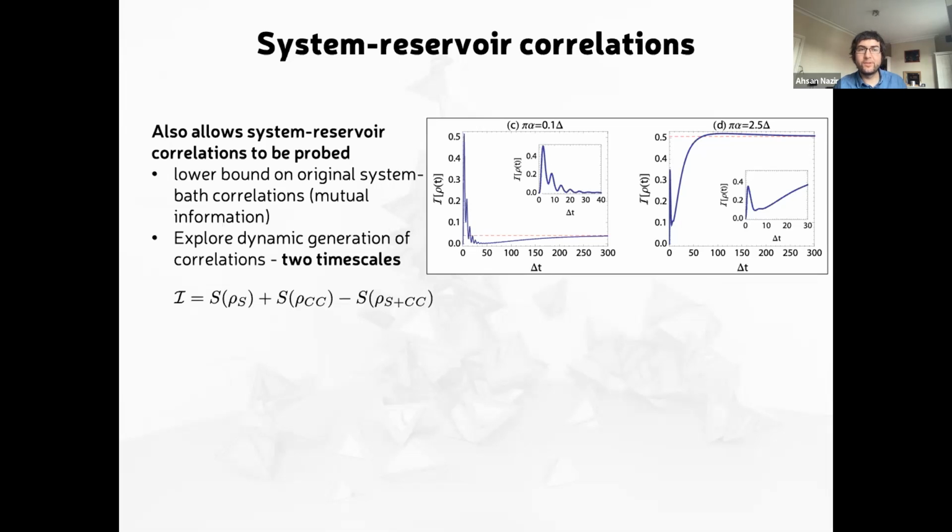So if we look at the mutual information between the system and the collective coordinate, which is written here, it's plotted on the right-hand side for the same parameters that I just showed for the system dynamics. And we can see that there's two timescales at play here. There's a short timescale where there's a kind of oscillatory sharing of correlations between the system and environment. And this is a timescale that's associated really with the transient non-Markovian behavior, on timescales over which the bath correlations are significant.